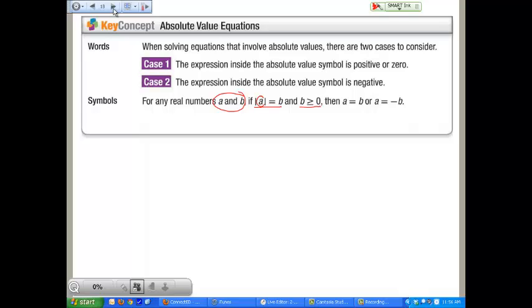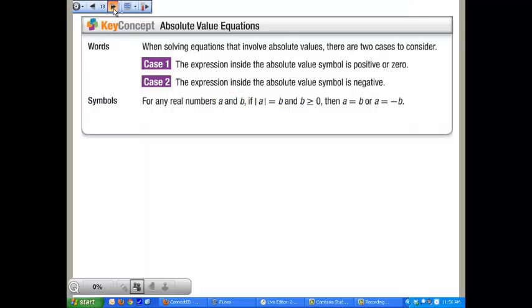If a is 0, the absolute value of 0 would be 0, and then this rule wouldn't apply. So we're going to assume that a is a non-zero number, therefore b would be a non-zero number. So b must be greater than 0. If b is greater than 0, then a is going to equal b, or it's going to equal a negative version of b.